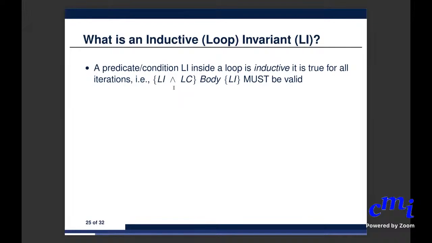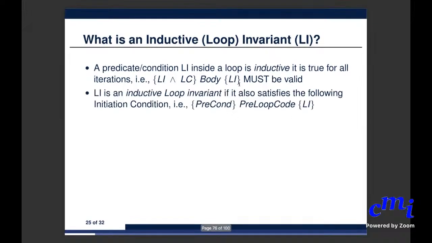That is, if you start in a state in which Li is true and the loop entry condition LC is true, and if you execute the body of the loop, Li must still continue to be true. So it is some kind of predicate that is preserved over all iterations of the loop body.